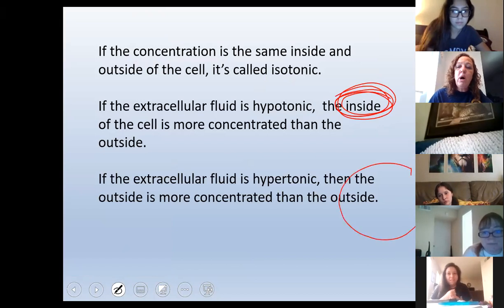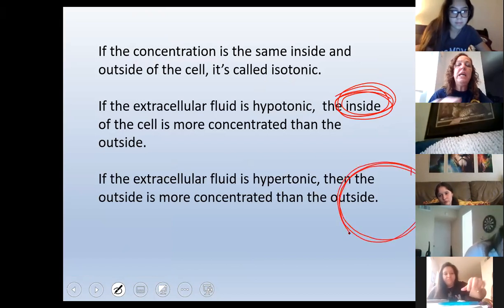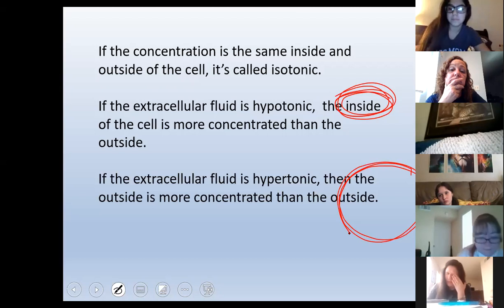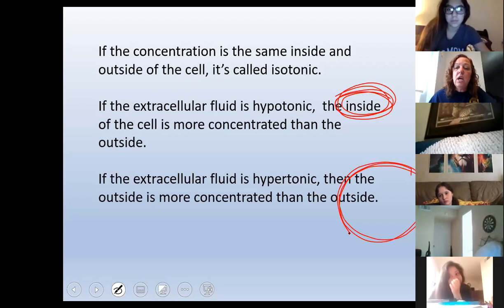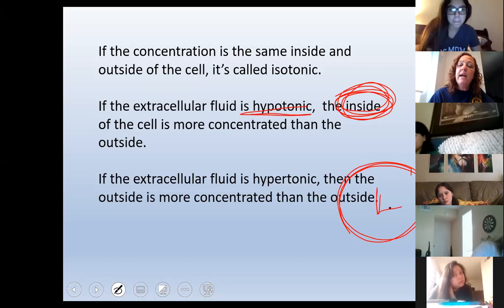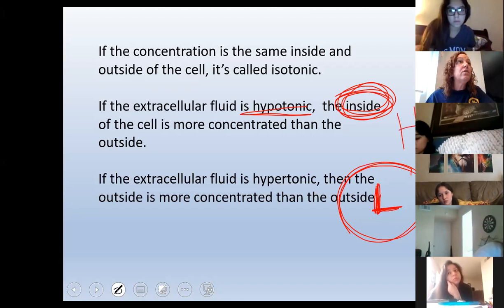So hypo, what does hypo mean? Low, below, or deficient. So if I'm referring to the inside of the cell and I'm saying hypo, this means I have the low pressure or the low concentration on the inside and a higher concentration on the outside.